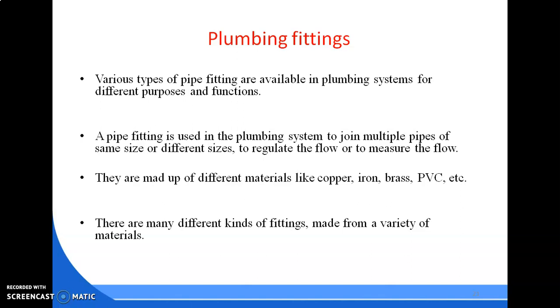A pipe fitting is used in the plumbing system to join multiple pipes of the same or different sizes, to regulate the flow or to measure the flow of sewage. Basically, they are made up of different materials like copper, iron, brass, PVC, etc. So there are many different kinds of fittings made from a variety of materials, and as per our requirement, we fit the types of plumbing fittings or sanitary fittings.